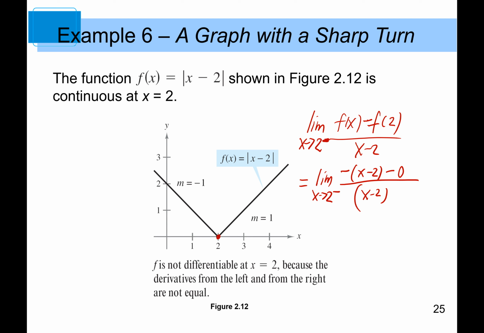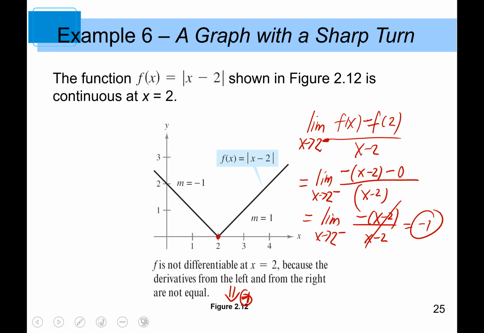We end up with the limit as x approaches 2 from the left of negative (x minus 2) over (x minus 2). When we cancel that, it becomes negative 1. So the derivative from the left is actually negative 1.